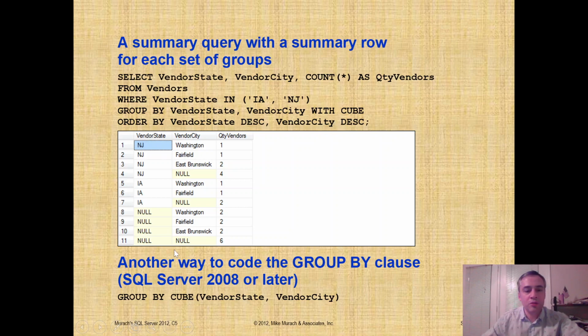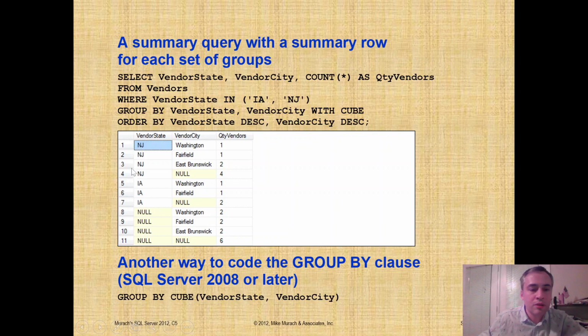First of all, notice visually there are more rows, so we'll have to get to the bottom of it. And the first rows are the same. We aggregated by New Jersey, by state and city, and then we aggregated by all the cities in the state of New Jersey. So that is what the rollup would do. Up to here, the rollup will also show the very last line, exactly the same, but we are dealing with cube, so it allows us to roll up by the values of cities.